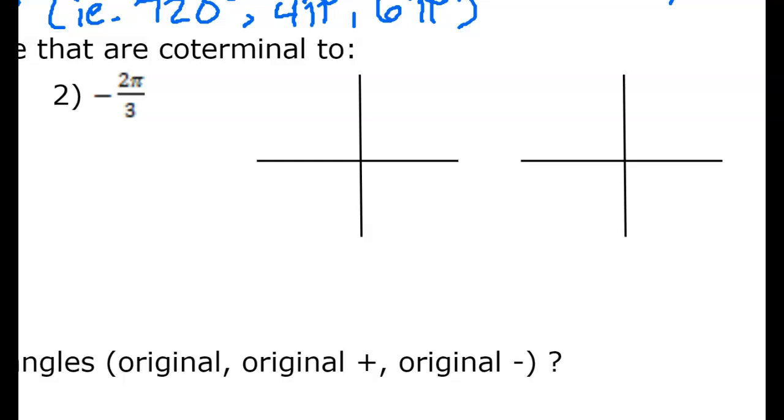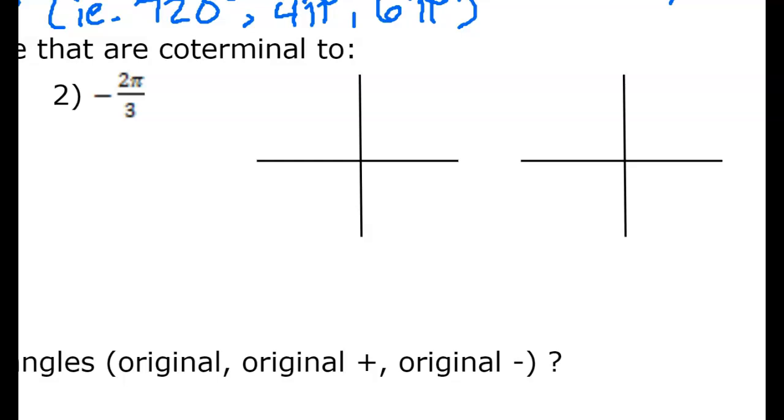So what we're going to do here is, we're trying to find 2 coterminal angles to negative 2 pi over 3. First, we need to figure out where we're going to be drawing the vector that creates all of these angles. In order to do that, in your head, try to convert this into degrees.